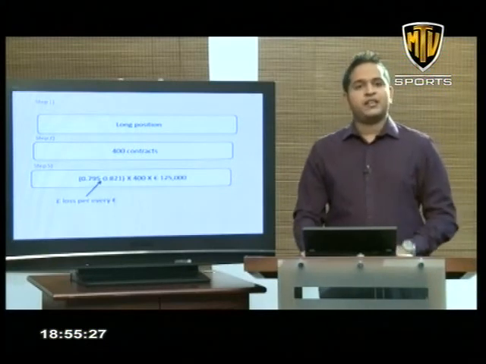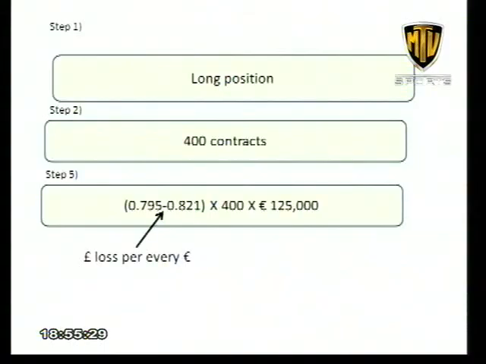And then next step is for you to find the gain or the loss. How am I defining the gain or the loss here? I bought the futures at the beginning and I'm selling the futures at the end. At what rate did I buy? At what rate did I sell? I'm buying at 0.821 and I'm selling at the end, in 2 months time, at 0.795.